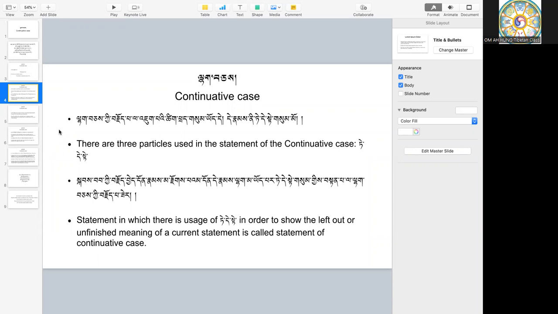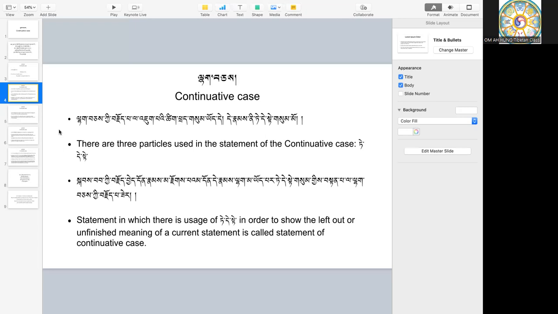These three particles or connective particles are te, te, te. So here the introduction of the particles of continuative case is done, in which we understand that there are three particles used in the statement of the continuative case.